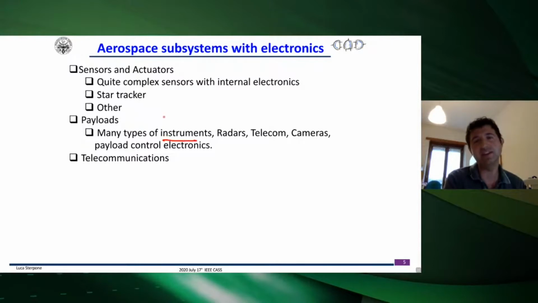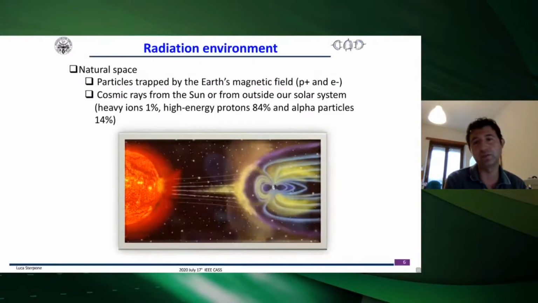This is less vital in terms of the survival of the satellite, but of course it is extremely relevant too, because a good payload should work in order to achieve the mission of the satellite. These include instrumentation, connectors to LiDAR, radars, telecom interfaces, cameras, and so on. And of course, we also need a telecommunication system to control the satellite operations from the ground base station.